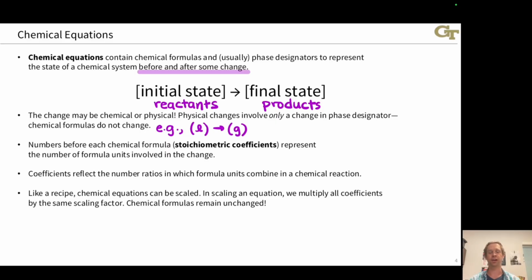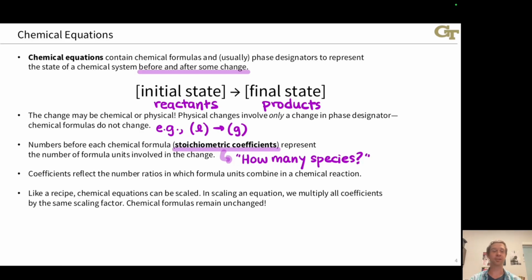That's a physical change. Now, in chemical changes, molecules may combine with each other in different number ratios. And we use a number before each chemical formula to indicate the number of molecules or formula units reacting per reaction occurrence, and this is known as a stoichiometric coefficient. It tells us how many of each species is involved in the chemical change.